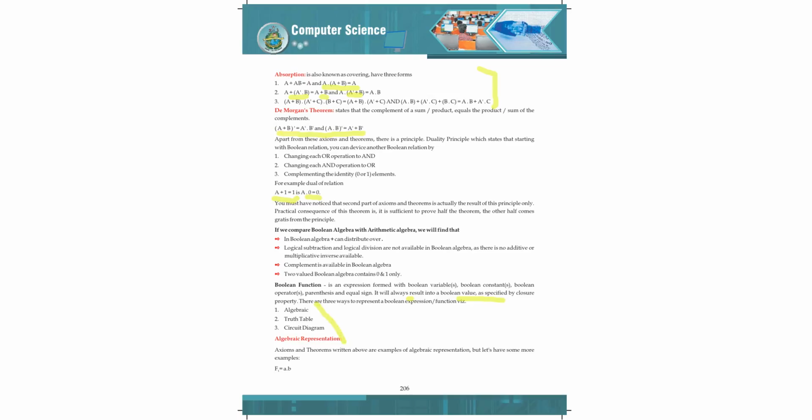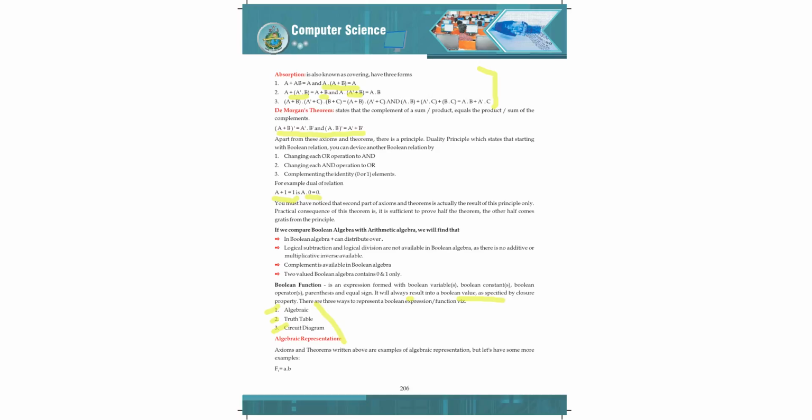One is algebraic, another one is the truth table, and the third is the circuit diagram. These three are very important, and you will find them easy and interesting as well. For me this topic is very interesting because here we design a circuit.